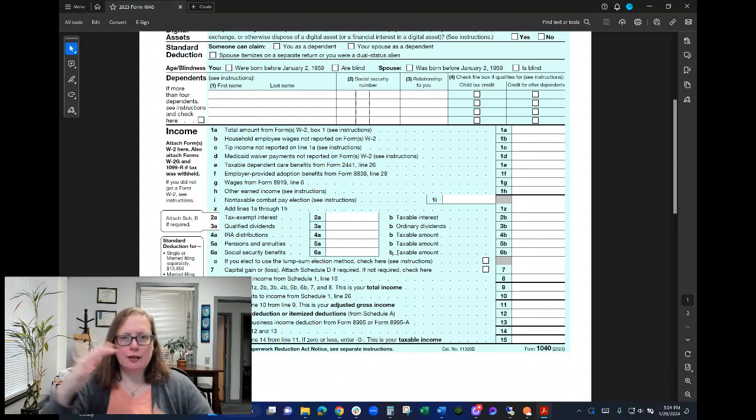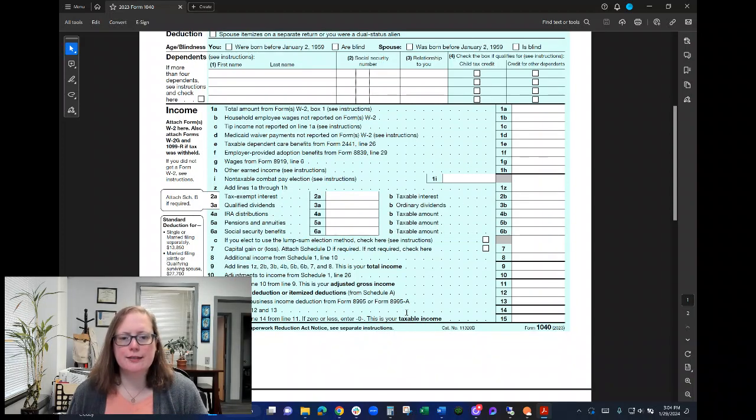So now that we've added up all of your income, the next part is adjustments, which can be things like, if you are a teacher, you can take a tax deduction for up to $300 in costs that you incur for your classroom. So if you're purchasing supplies and that sort of thing, there's a deduction for that.